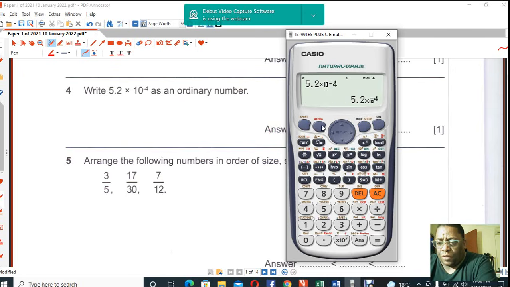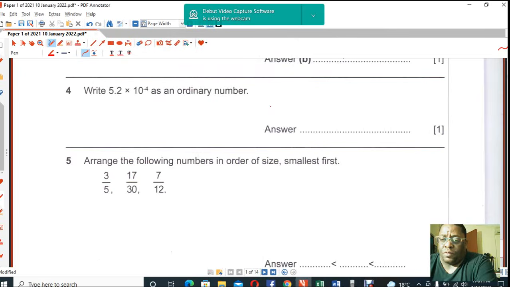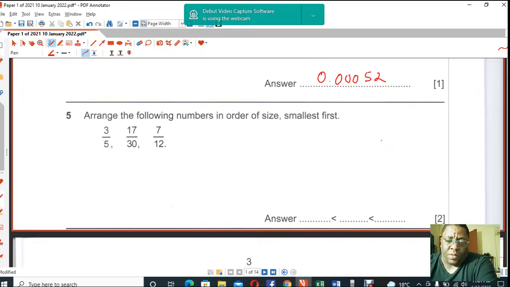I'm going to shift because I want the setup, and I'm going to press 8 for normal, and then it gives you an option of 1 or 2, and I'm just going to pick 2. Right, so now the answer is 0.00052. So it gives my answer all the way as an ordinary number. Okay, so that's the answer for that particular question.